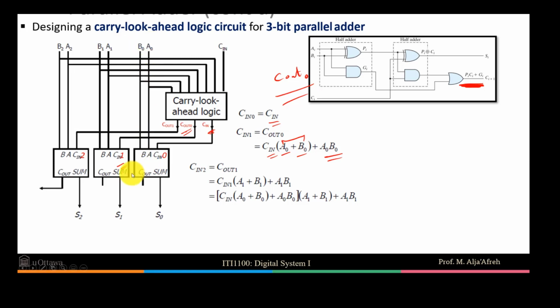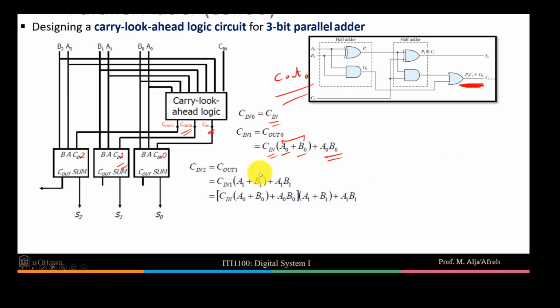Now, when it comes to Cn2, Cn2 will be equal to Cout2, and Cout2 can be calculated by applying the equation for the carry out directly for the full adder.